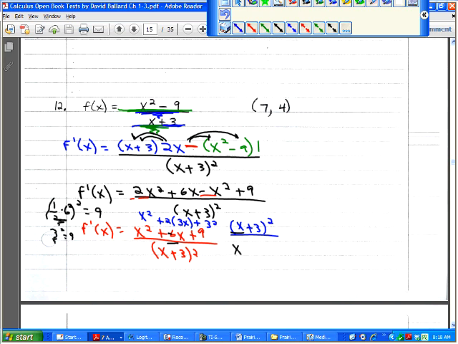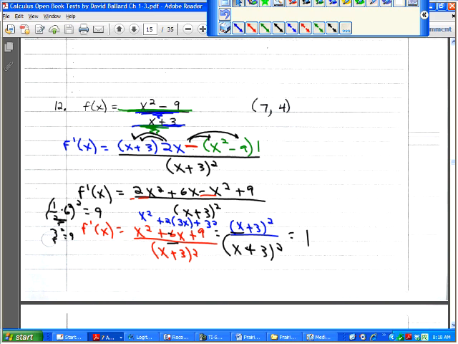So we have x plus 3 squared over x plus 3 squared. Well, that's equal to 1, because anything divided by itself is 1. So we got that same 1 that we got a while ago when we factored. It just took us a little longer to get there, and we still had to factor. But it was good to re-see the quotient rule.